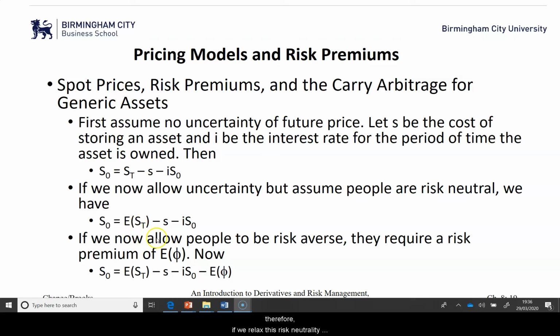So therefore, if we relax this risk neutrality assumption and start assuming that the investors are risk averse, in that case the relationship has one further element in terms of the expected risk premium, here denoted by this symbol.